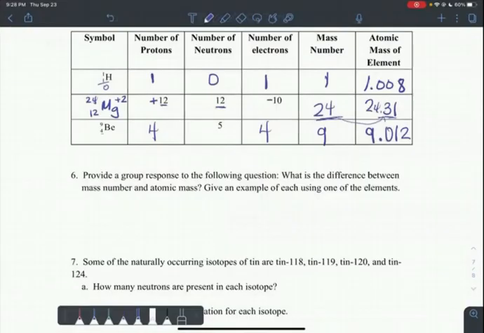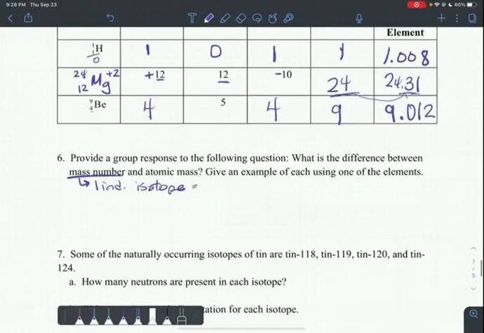Okay, so what's the difference between mass number and atomic mass, right? When we talk about mass number, we're only talking about an individual isotope. It's really just a counting number equal to the number of protons and neutrons, right? It must be a whole number.